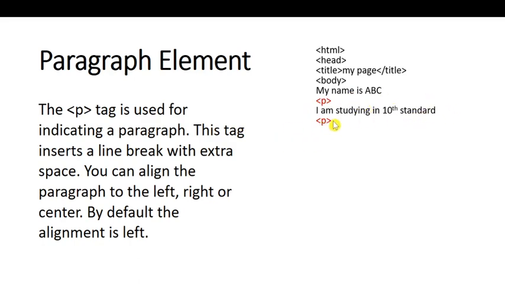After this again the P tag, then I love to learn HTML codes and the closing paragraph tag. Then closing body tag, closing head tag, closing HTML tag. Of course this closing paragraph tag is not necessary, but we should remember that the paragraph P tag is also not an empty tag. It is a container tag actually, so we should give the closing tag P.